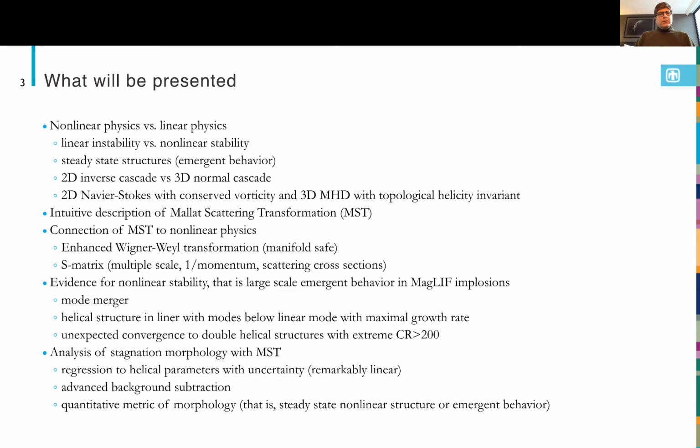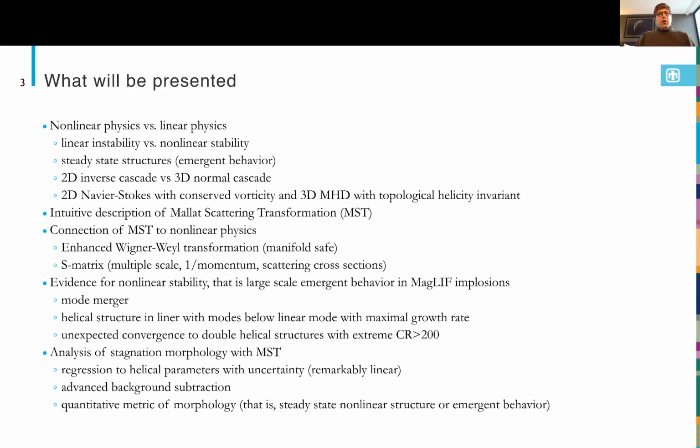What I'll be talking to you about today is going to be a view on nonlinear physics. I'm going to contrast that versus linear physics, where linear physics is normally looking at linear instability and maximally unstable modes, where nonlinear stability is going to be examined through what is the steady state or time-independent solutions that lead to emergent behavior.